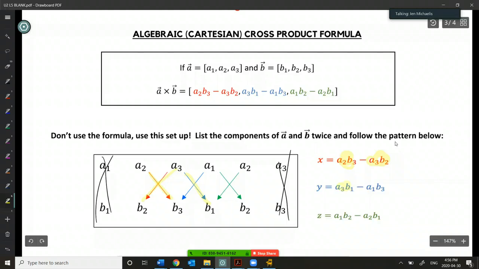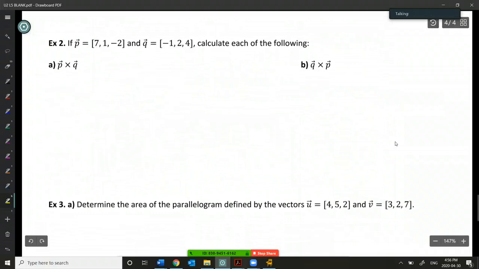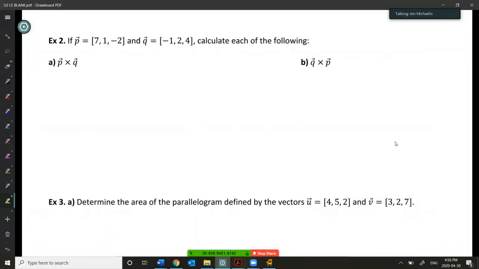Same thing here: top left to bottom right gives you the first product, and top right to bottom left gives you the second product. Once you do a little bit of practice with it, you're going to get the hang of it, no problem. So let's take a look at an example. We're going to do vector p crossed with vector u to start here.